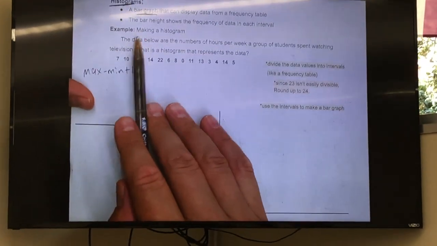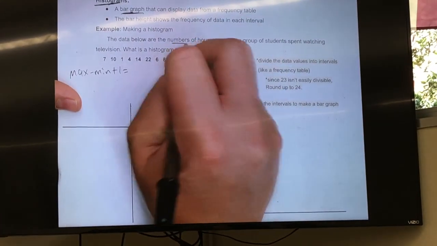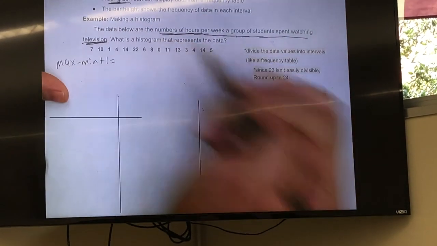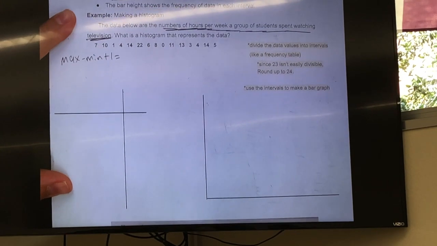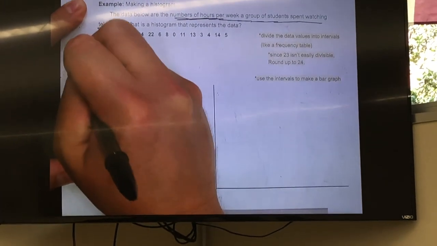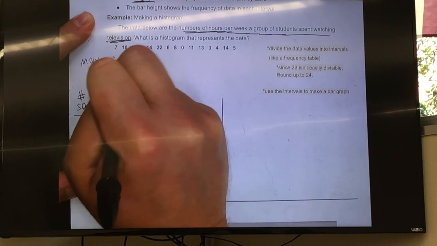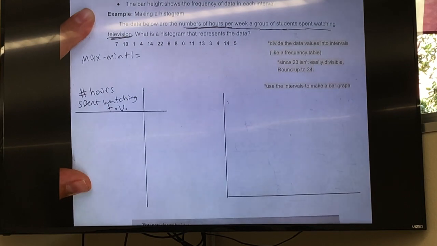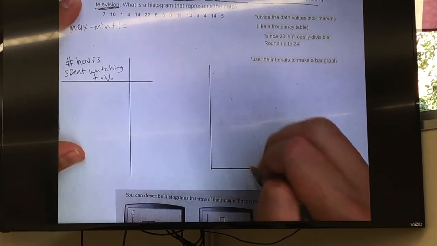So our example: the data below are the number of hours per week a group of students spent watching TV. So for our table, we are looking at number of hours spent watching TV. That will also be our x-axis for our bar graph.